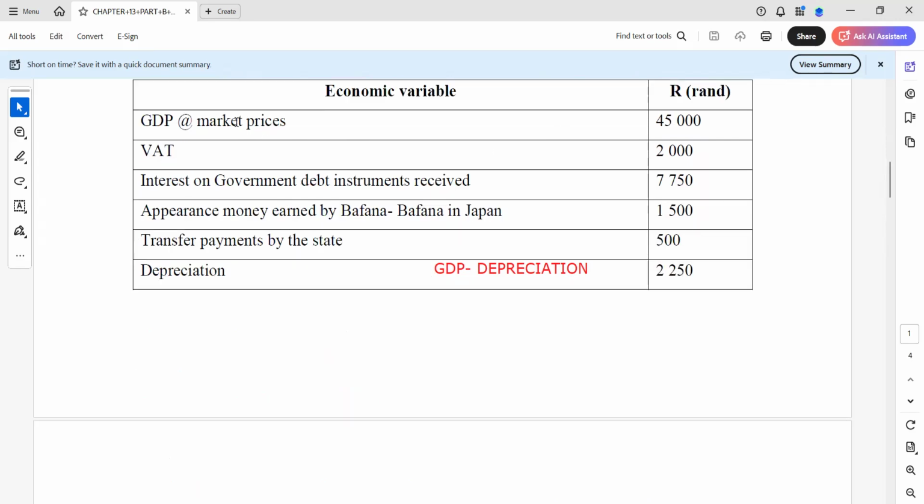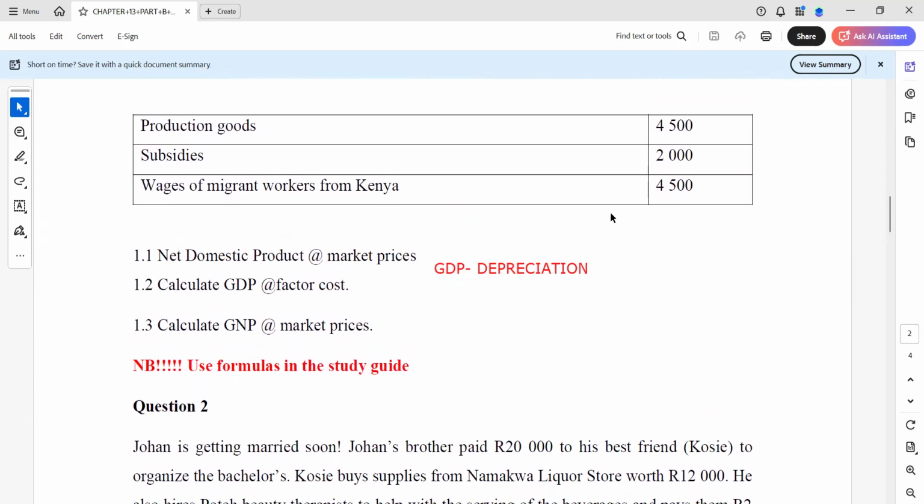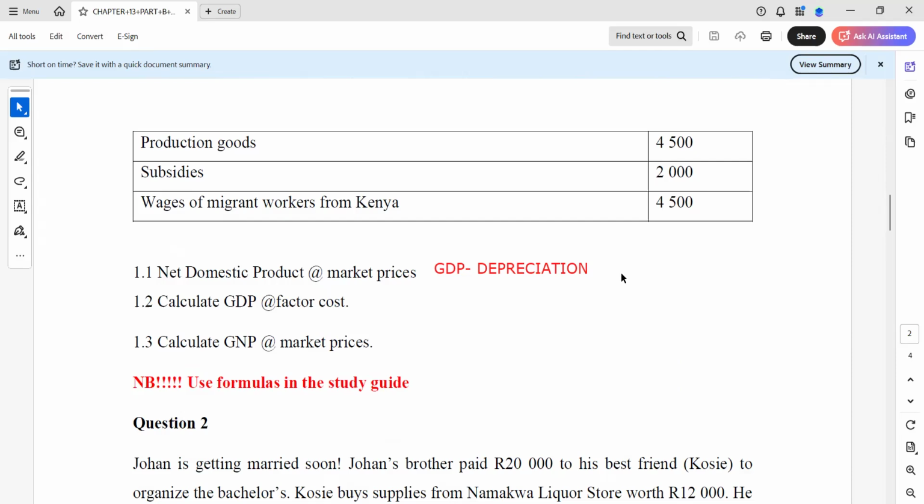So we're given GDP at market prices, which is 45,000. And then we're also given the figure for depreciation, which is 2,250, right? So to get the net domestic product, we're just going to say 45,000 minus 2,250.